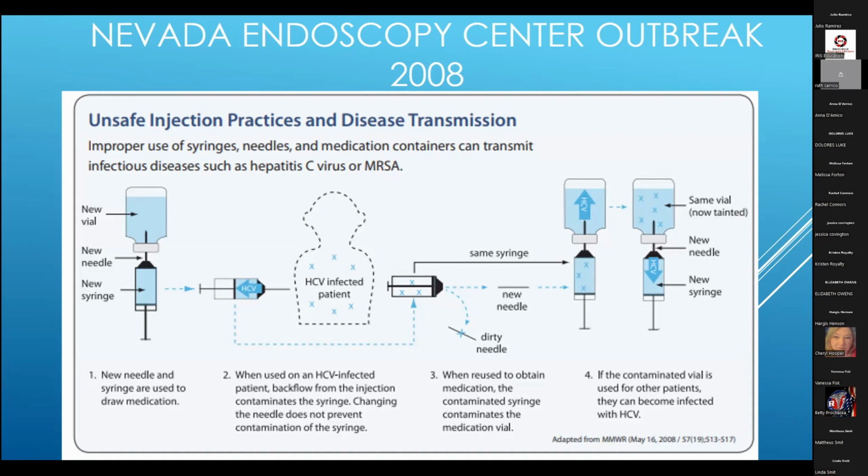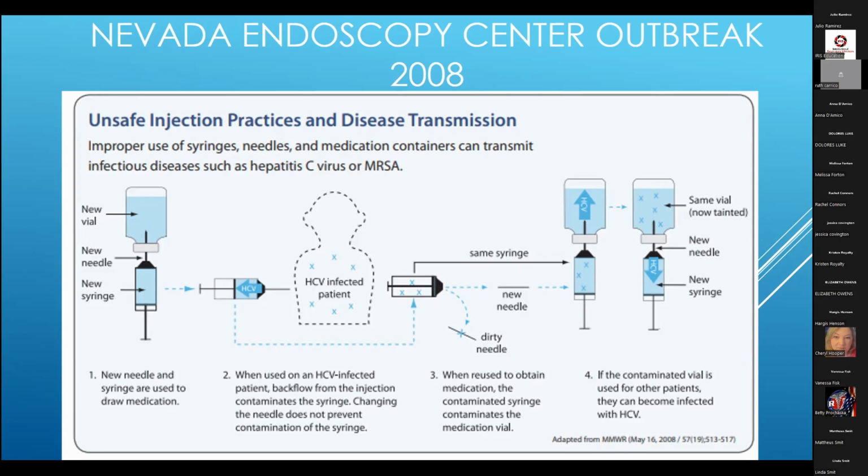This medication was then injected into a patient with hepatitis C. So what we know is when we administer vaccinations, a backflow of blood occurs, and this blood then enters the syringe. So in this particular case, the nurses were told to discard the needle that was used and keep the syringe to save costs. And so they used the same syringe and a new needle.